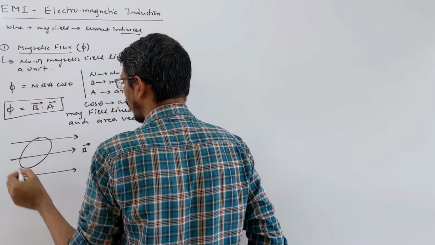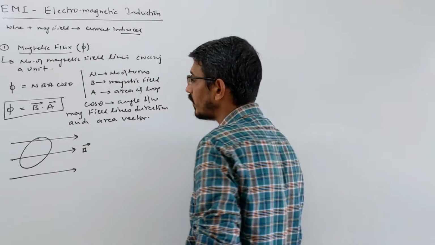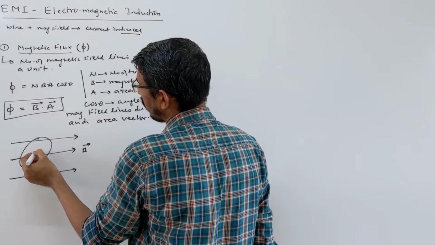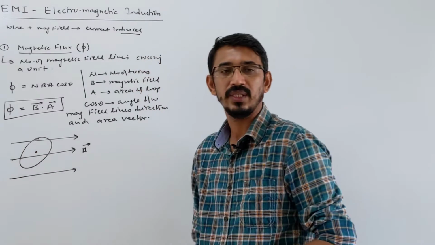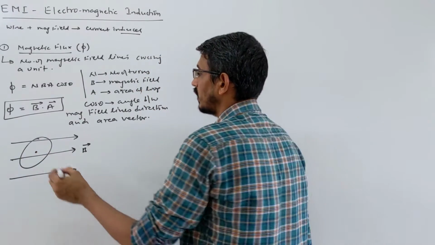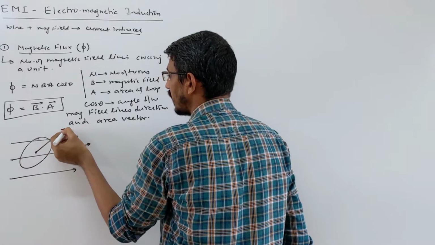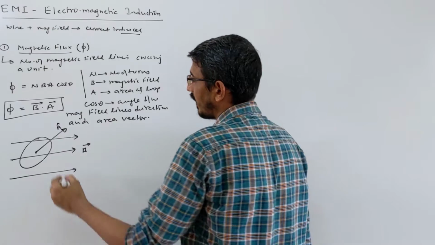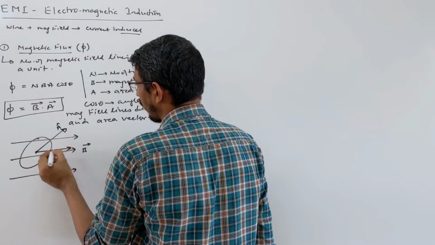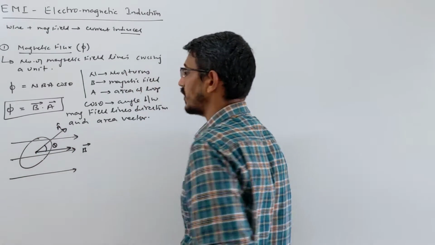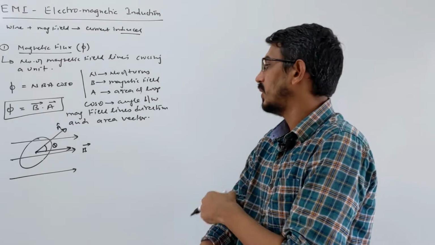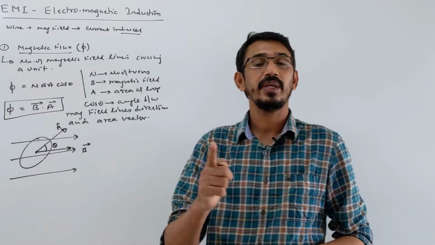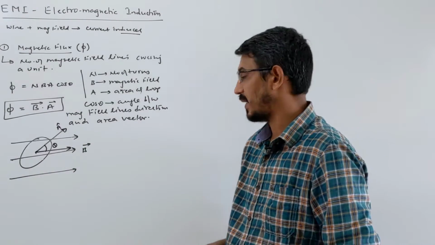Then what is the area vector for this loop? A line perpendicular to this area. Suppose this line represents your area vector, and I write a unit vector like this. Then the angle between this area vector and the magnetic field is your theta, in cos theta. So it's the angle between the area vector and the magnetic field lines direction.